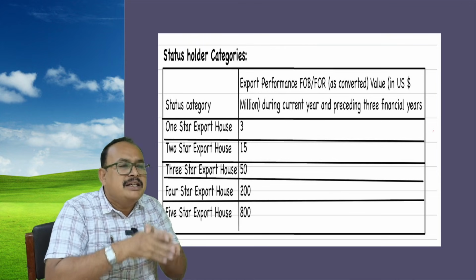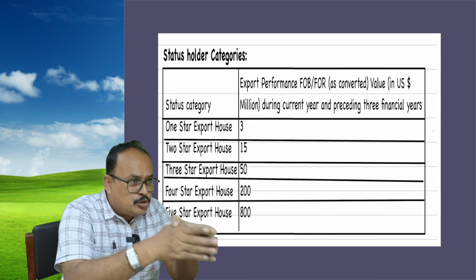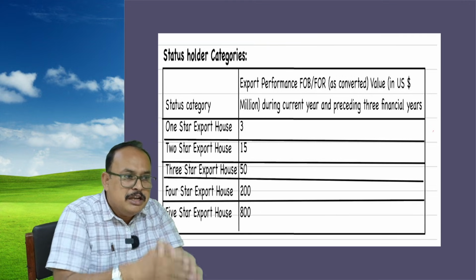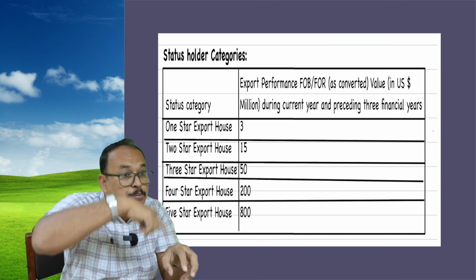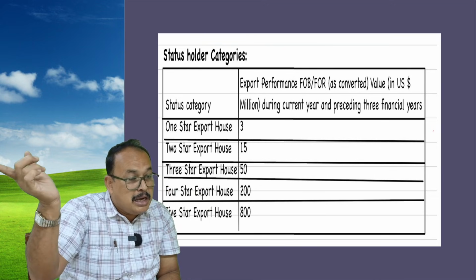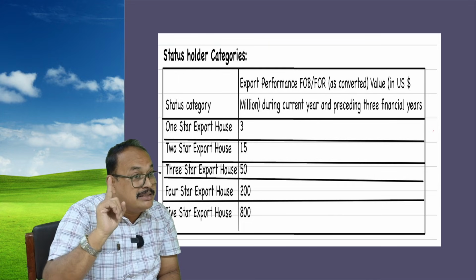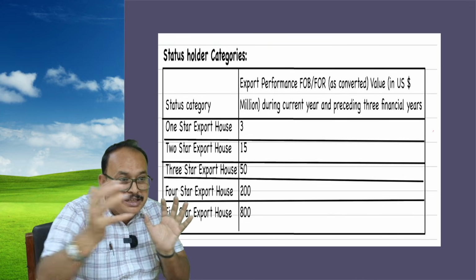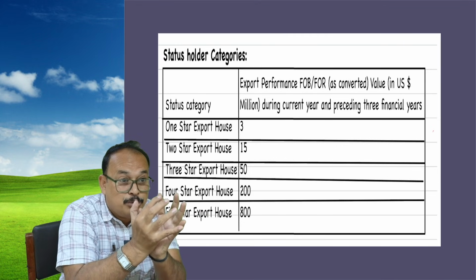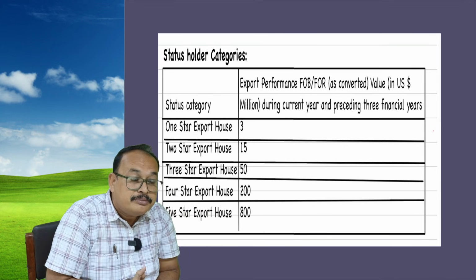For example, today's date is 25th of November 2025. If so, as of today, which financial year is it? 2025-26. So preceding 3 financial years, add, don't average, add it, and the current financial year, all our exports plus deemed exports. How much is your export turnover as of now?